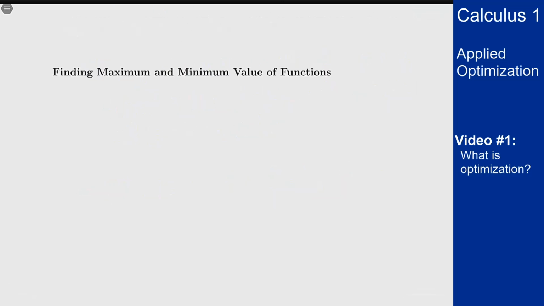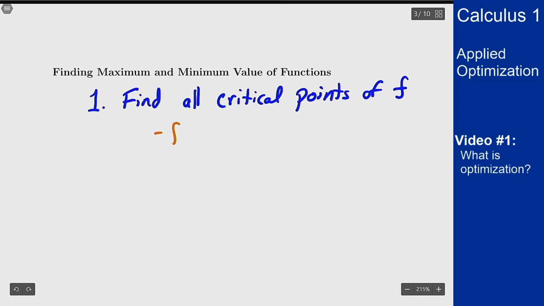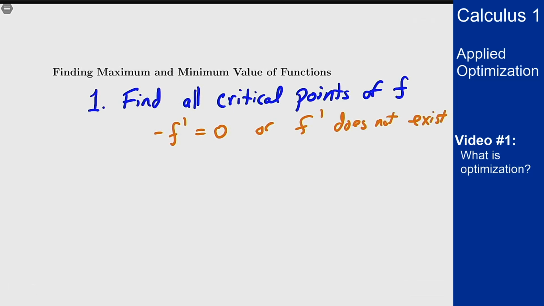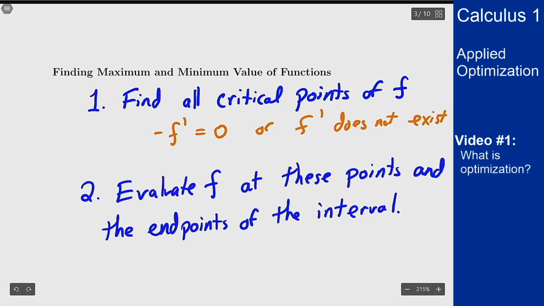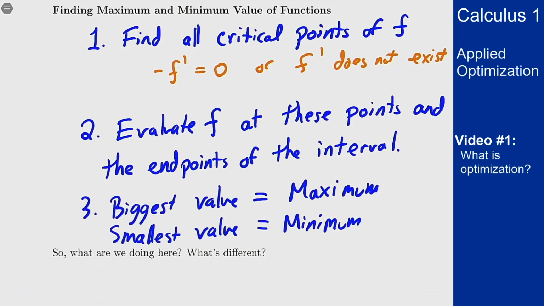So basically our process here was we wanted to find all critical points of our function f. Remember, this is where f prime was 0 or f prime did not exist. We then wanted to evaluate f at those critical points and at the endpoints of our interval. Then we just picked the biggest for the maximum and the smallest for the minimum out of this list of values. And we knew how to do that. We could do that all the way out, and that wasn't a big deal.